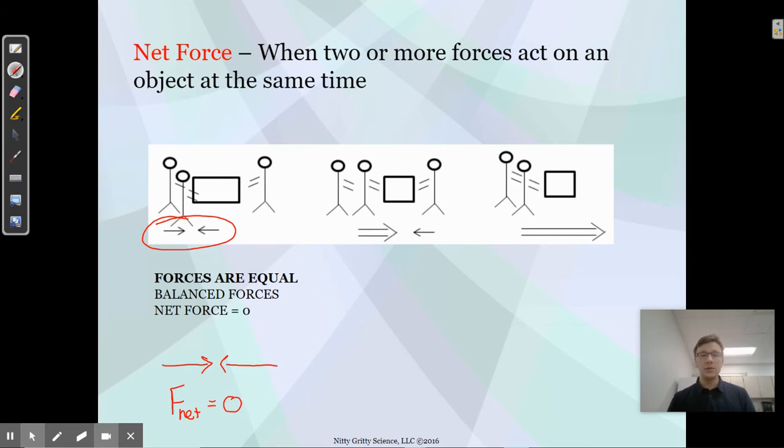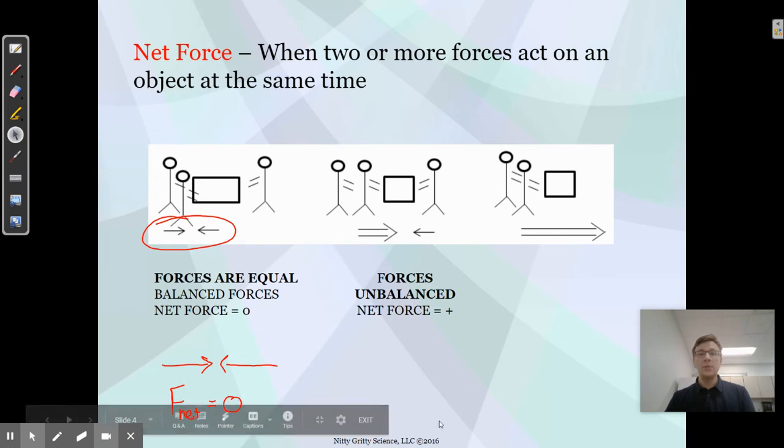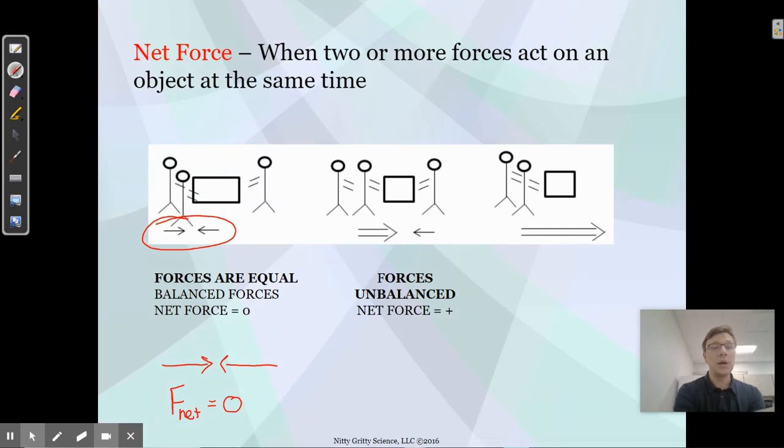So looking at this next example here, this is one where the forces are unbalanced. You can see that the arrow that's pointed to the right is larger than the one that's pointed to the left. Sometimes you might see it like this, a large arrow here and then a small arrow here.